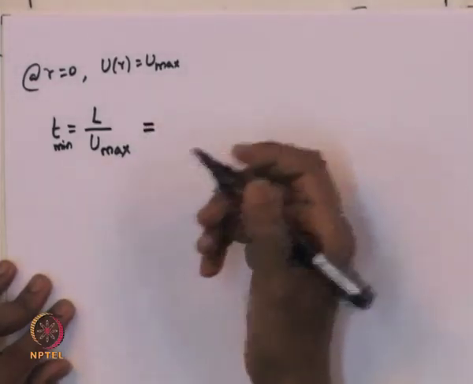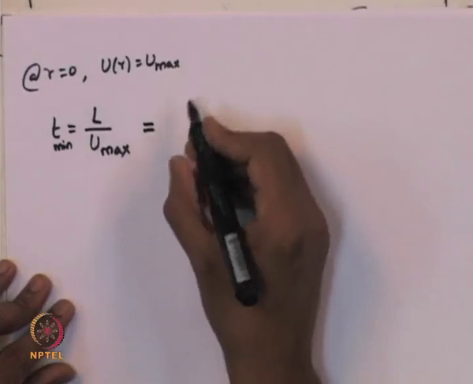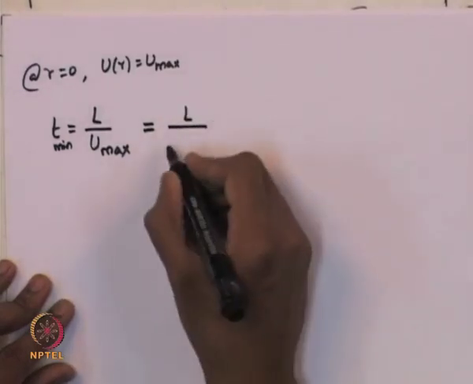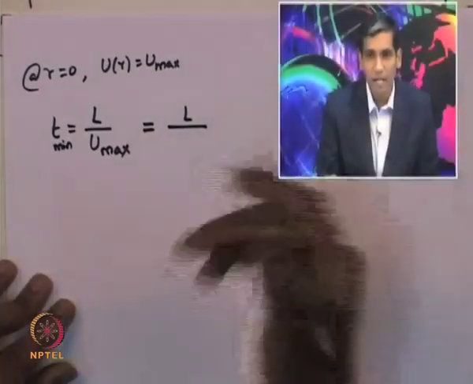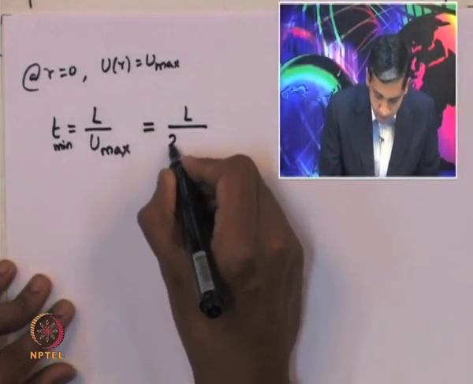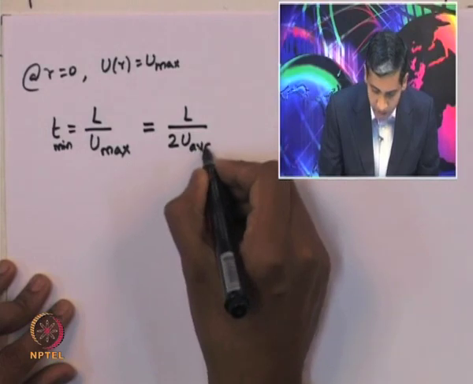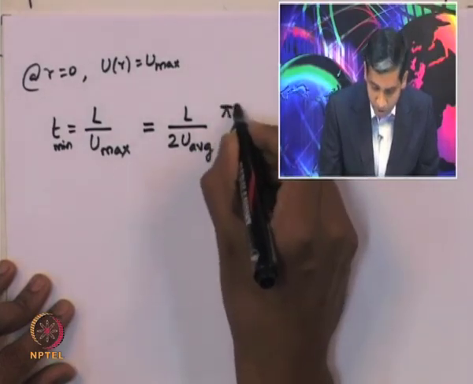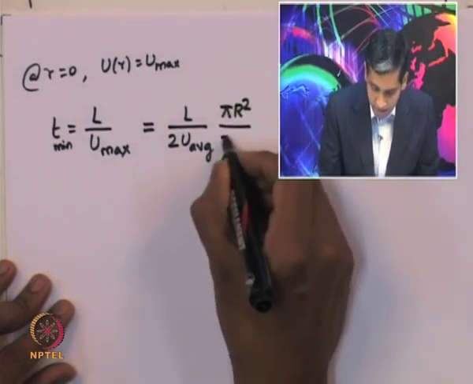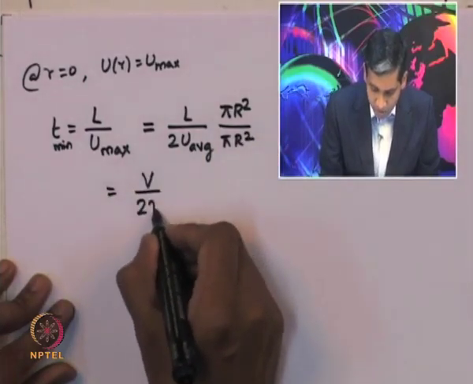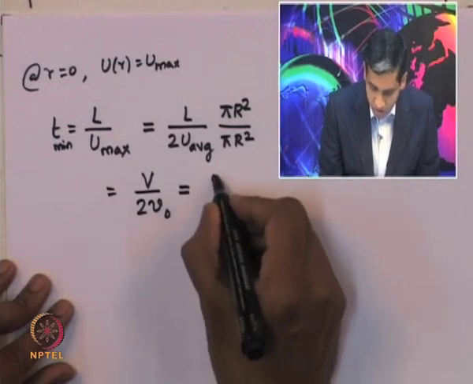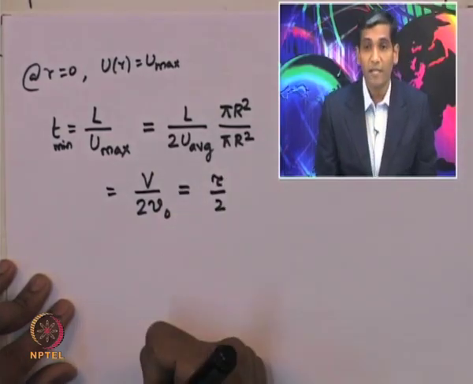So, by simply plugging in the corresponding expression, we can find that the minimum time taken for the tracer to be seen at the exit of the reactor is given by L by 2 U average, that is the cup mixing average, into pi r square divided by pi r square, and that is nothing but V by 2 V naught, which is equal to half of the space time.